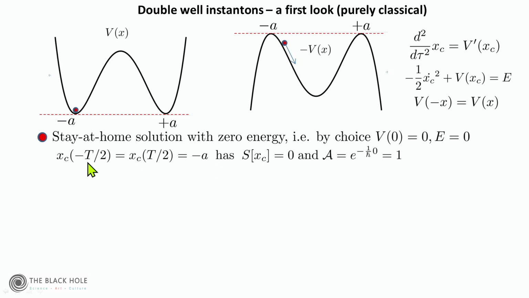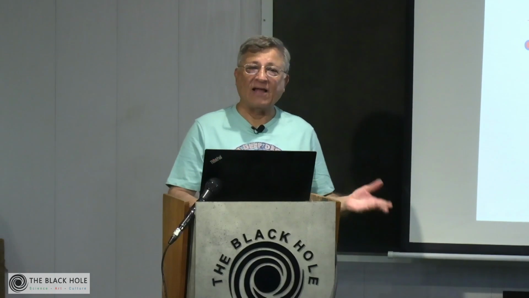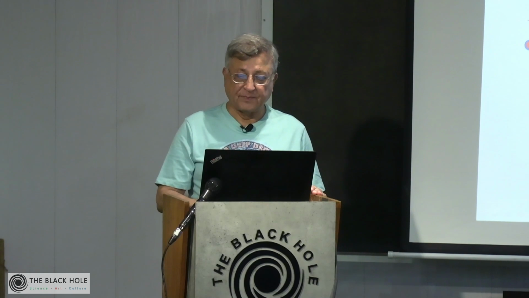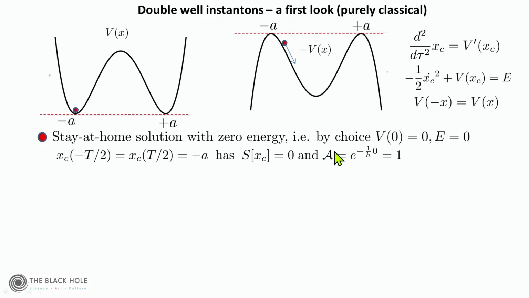If we look far back in the past, that is to say at minus T by 2, or far into the future, it is over here, it stays over there, and it never moves from there. Okay, so very boring, very dull. It does nothing. That's the stay-at-home solution. And of course, the amplitude for that is e to the minus the action. The action is 0, so the amplitude for that is 1.